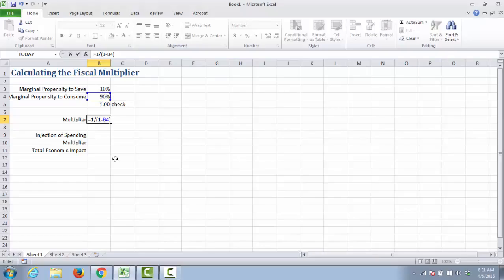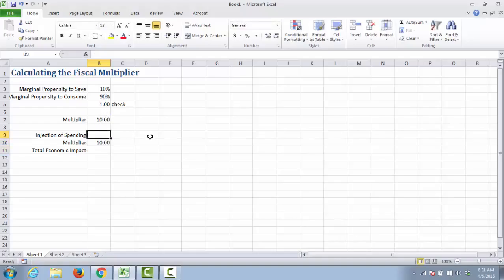And I need to point out here that 1 minus the marginal propensity to consume is also the marginal propensity to save. I'm following this formula though because this is what is in your textbook, so I'm being consistent with the textbook for you. So the multiplier here is 10. So we're going to put that down here.